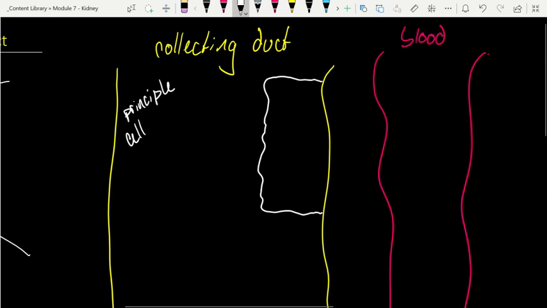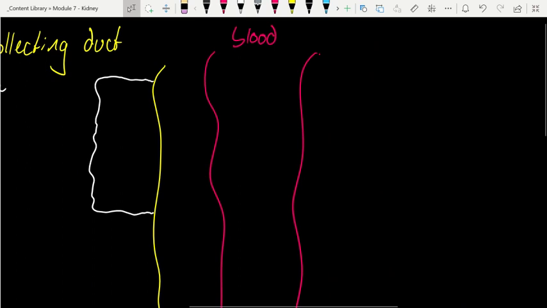And it does it in coordination with two key hormones that will be discussed at another time. Aldosterone, which comes from the adrenal gland on top of the kidney, and ADH, or vasopressin. This is coming from the pituitary. Both of these, being endocrine hormones, are going to travel through the blood.